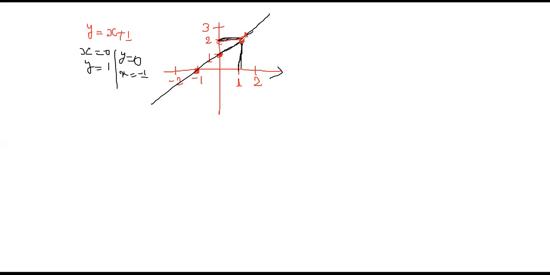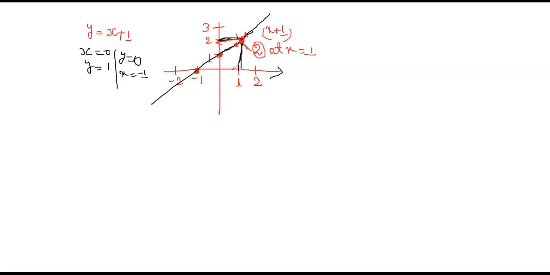And when you take x just less than 1, then it is approximately 2. So the final value will be 2 at x is equal to 1. And the graph is continuous from minus 1 to infinity. This is the graph of x plus 1.